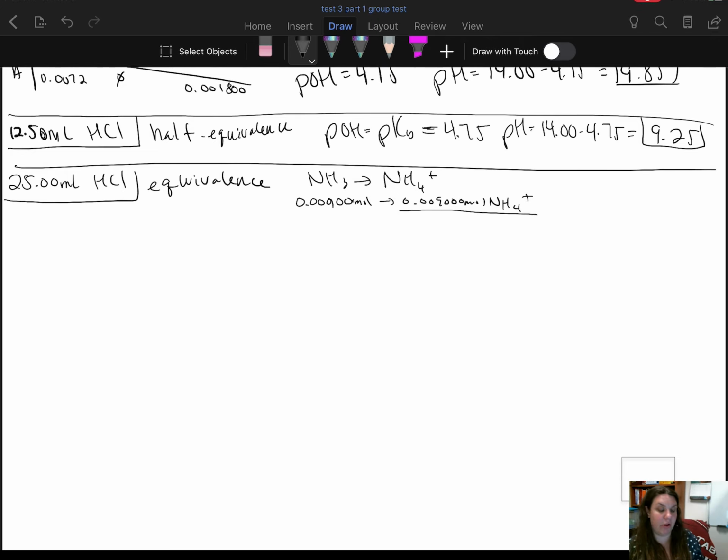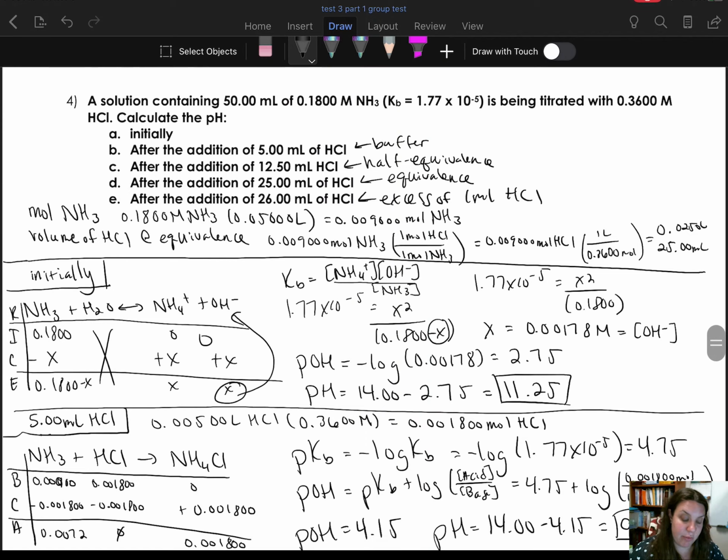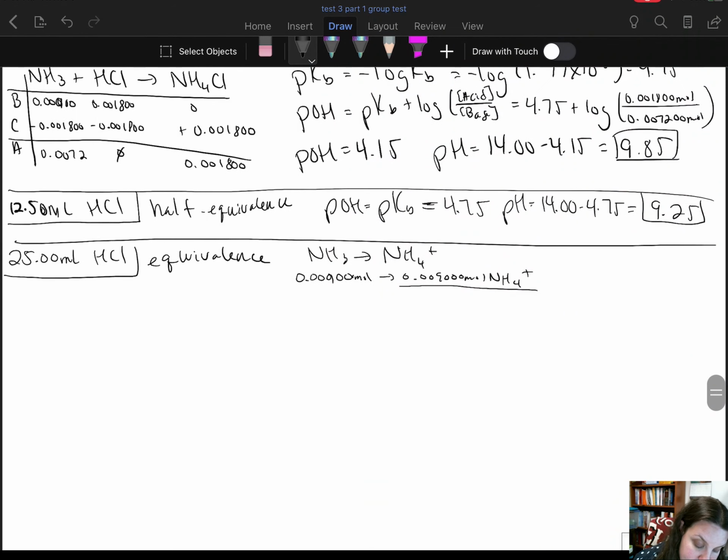We added 25 milliliters of hydrochloric acid to a container with 50 milliliters of ammonia. So we have a total of 0.0750 liters of solution, which gives us a concentration of 0.012 molar NH4 plus.